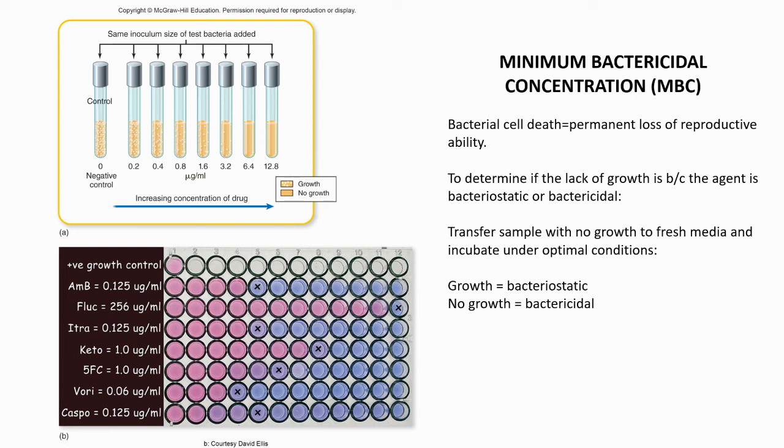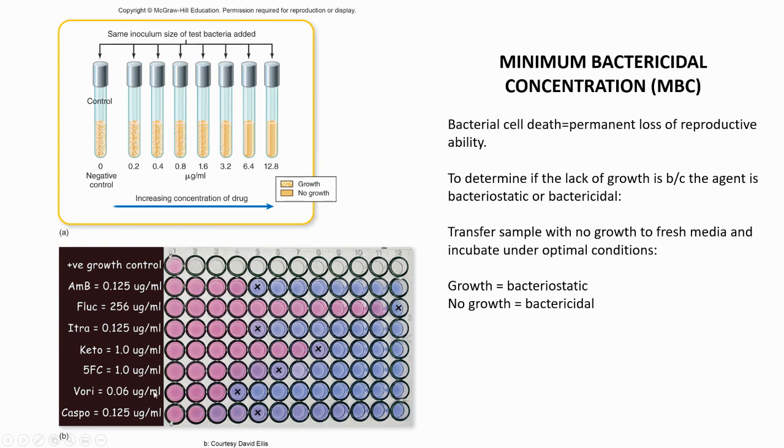If the bacteria don't grow even under their optimal conditions, then I know that's the minimal bactericidal concentration. And sometimes I might have inhibited at 1, so I would test all of the subsequent dilutions, because it might be inhibitory here but bactericidal at a little higher concentration.